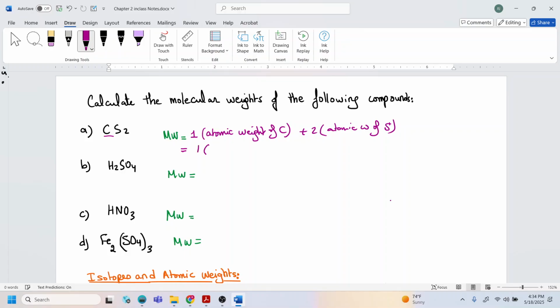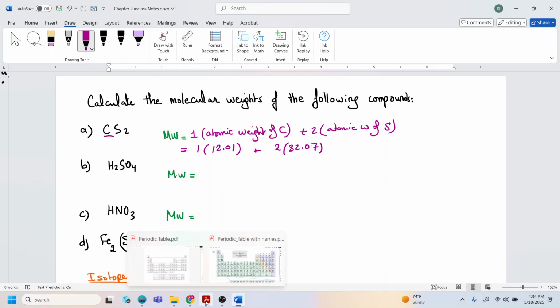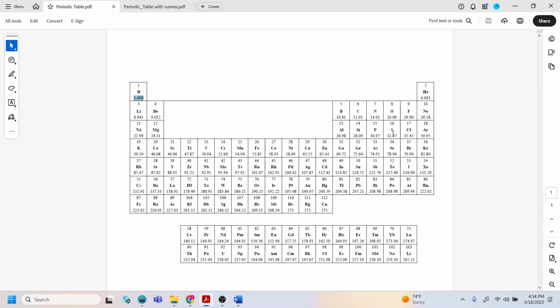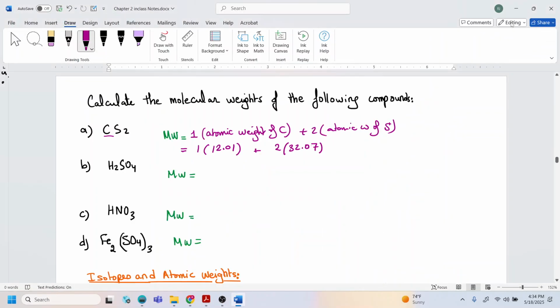So that is going to be 1 multiplied by 12.01, this is the mass number for carbon, plus 2 times 32.07 for sulfur. So if you look at sulfur in the periodic table, that is 32.07 in there. This is the mass number, which is the same as the atomic weight. It's an atom, so this is why we call it an atomic weight. So that is equal to 76.15 AMU.